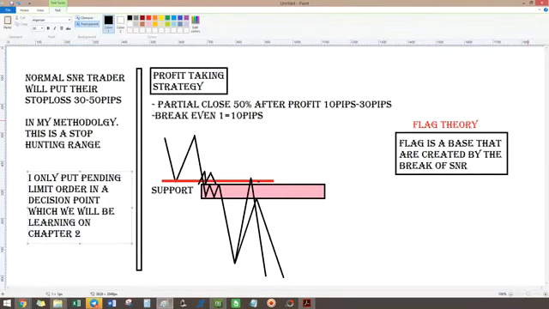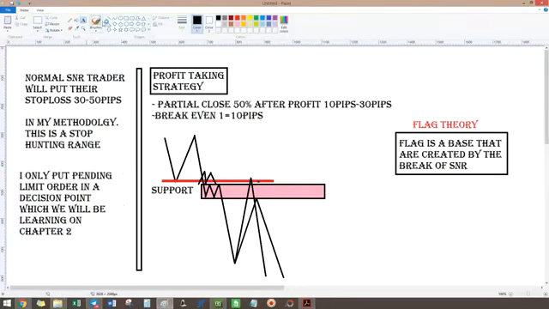Keep this in mind because I'm not going to repeat it again. We will only use pending limit orders at a decision point.